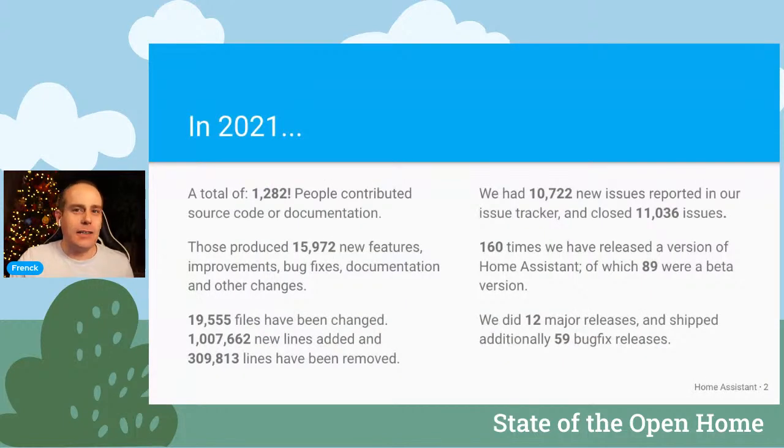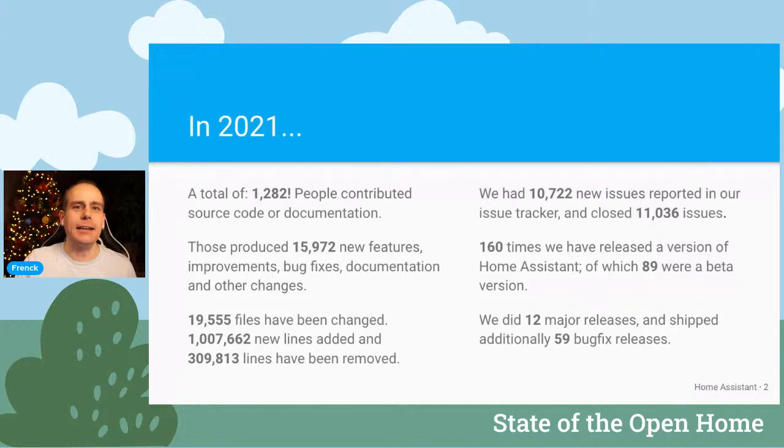So let's talk about numbers first. A whopping total of 1,282 people have contributed source code or documentation to Home Assistant's main projects in 2021. And they have done almost 16,000 new features, fixes and documentation tweaks.